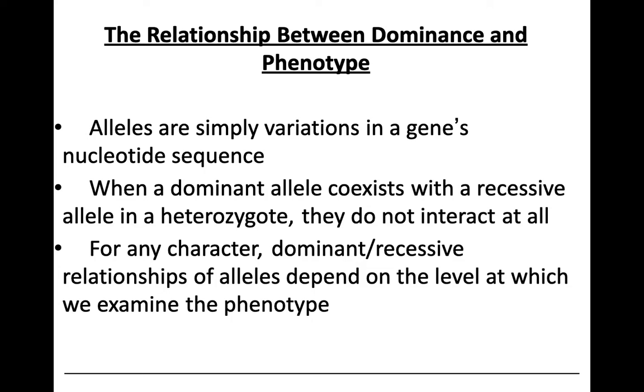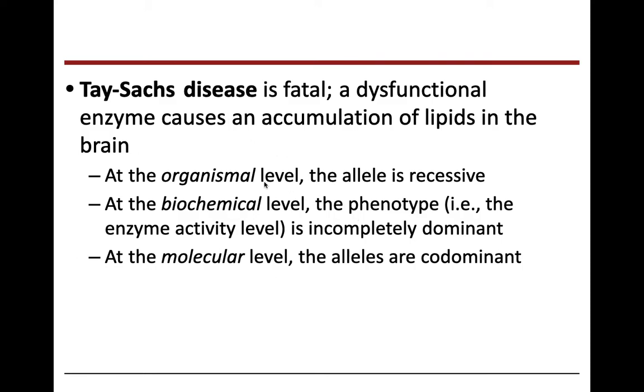For any character or gene, dominant and recessive relationships of alleles depend on the level at which we examine the phenotype, whether it is the organismal level, biochemical level, or molecular level.